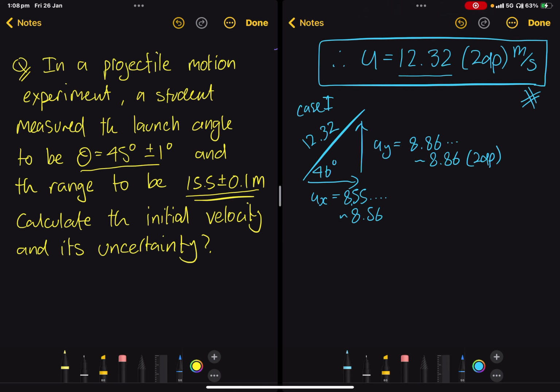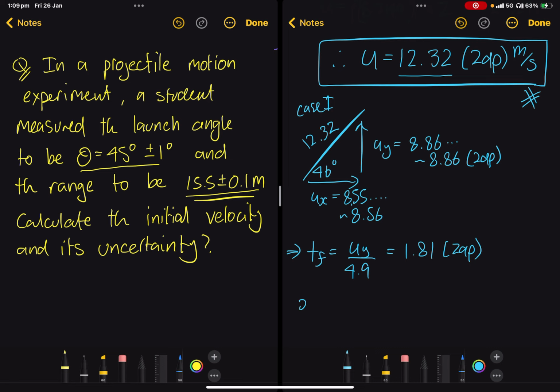Now we need to use these to find the total distance that the projectile will travel. Well, we know that the time of flight is equal to the initial velocity in y divided by 4.9. So the time of flight in this case is 8.86 divided by 4.9. This is 1.81 to 2 decimal places.